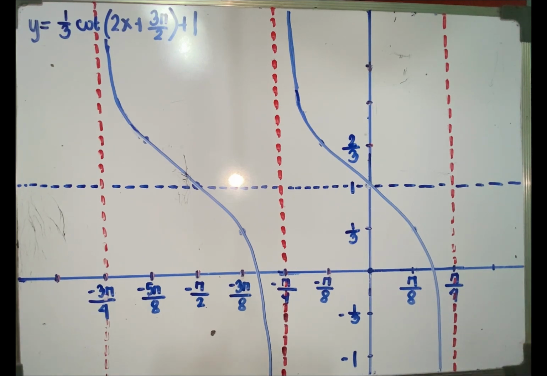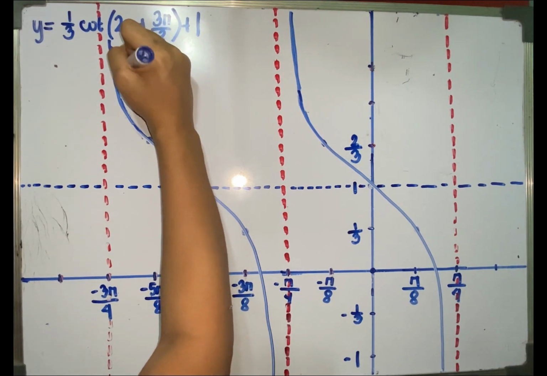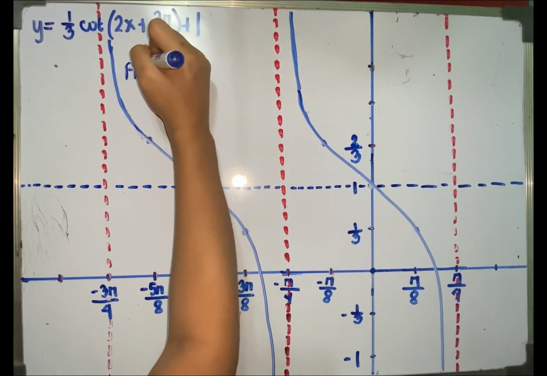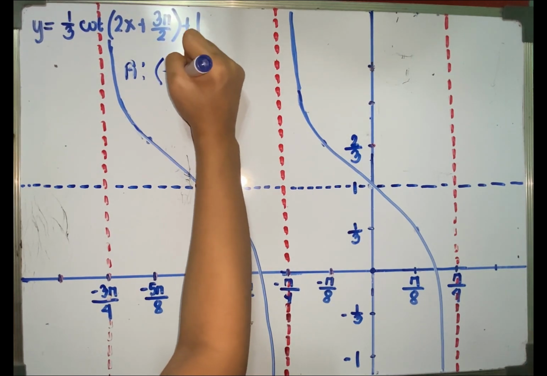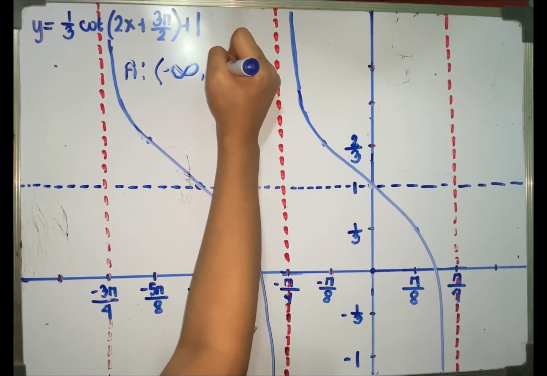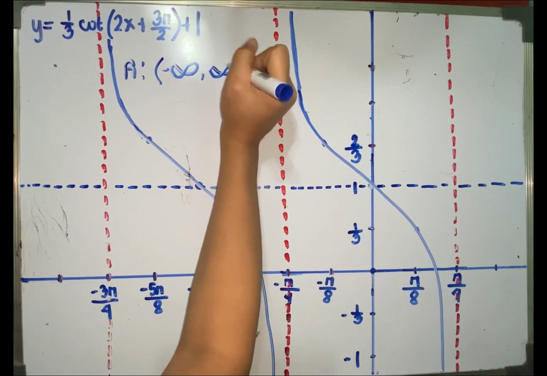Since we are done drawing our perfect curves, we are now moving to our last part, which is identifying the range and the domain. So our range is from negative infinity to positive infinity.